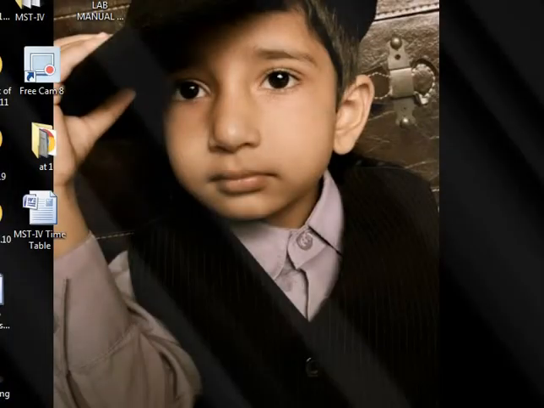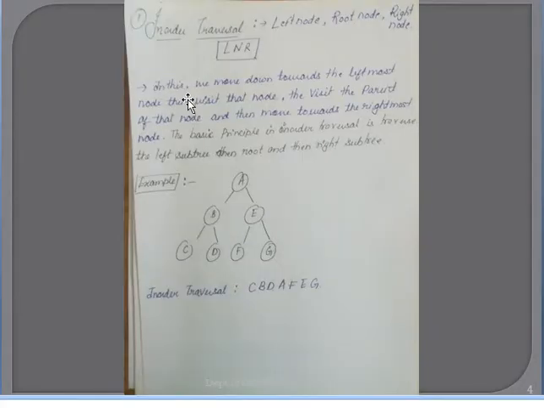Let us see what an in-order traversal is. In the in-order traversal, first we visit the left node, after that the root node, and at last the right node.